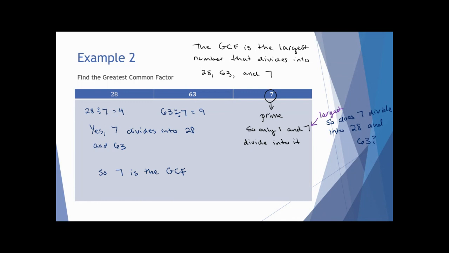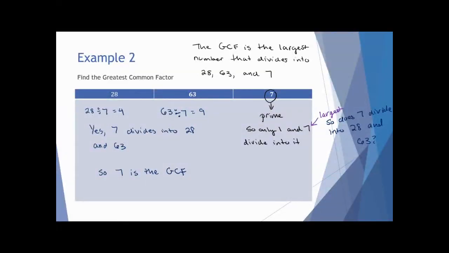Especially if you have a prime number, because that limits your choices on what can go into it. Are there any questions on this? Okay.